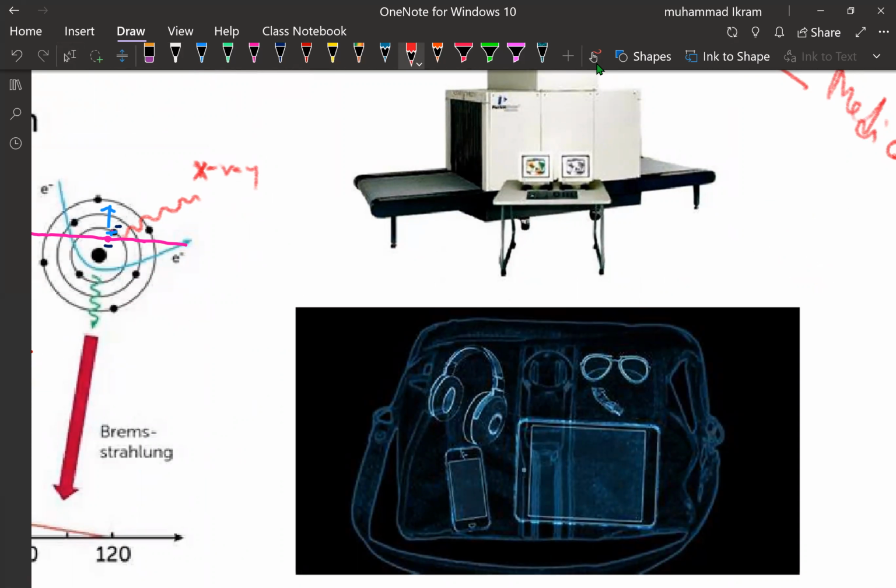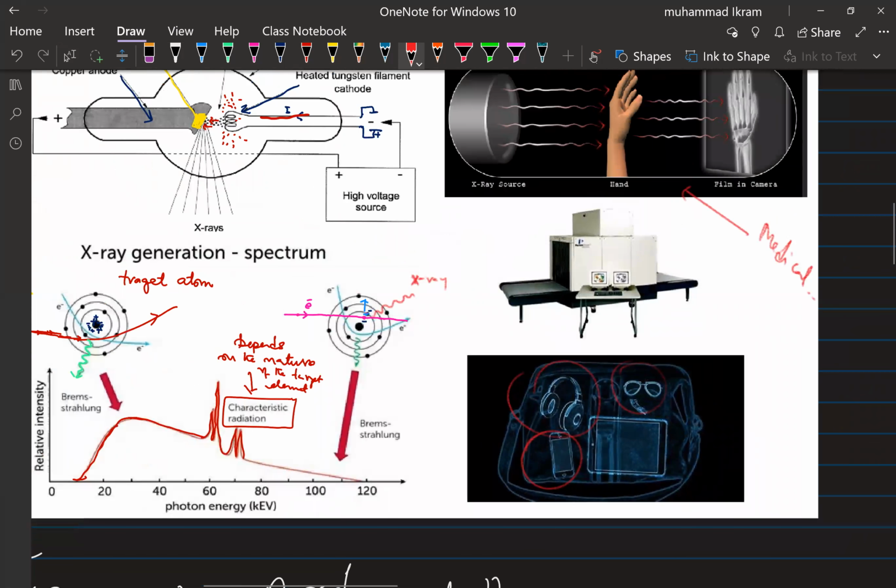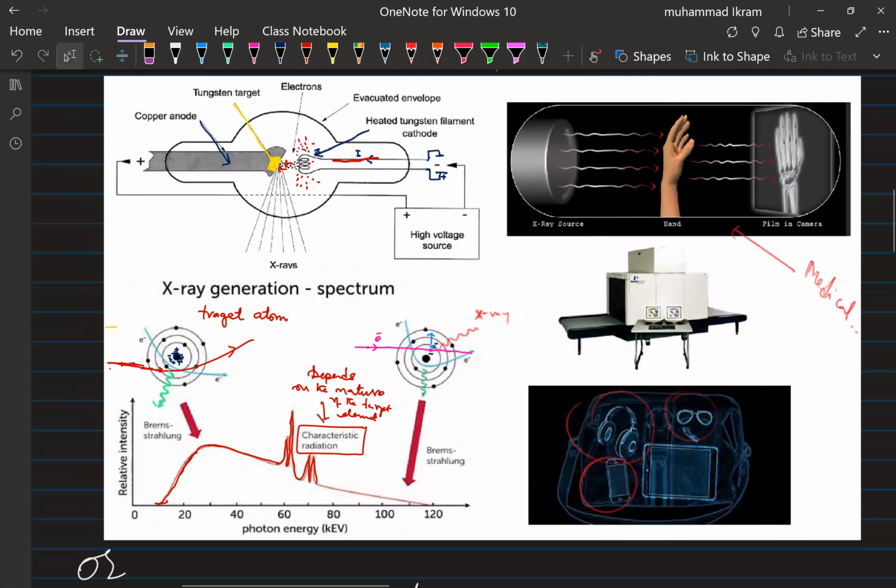With the help of X-rays, they can identify what is in your briefcase. For example, you see the glasses, the headphones and your smartphone, and they all can be detected. This is why you always see it installed at the security checkpoint in airports or at bus stations, or where public life has to be taken care of.